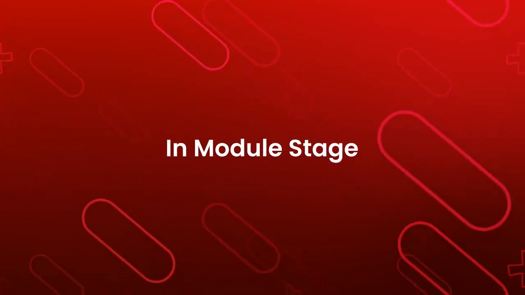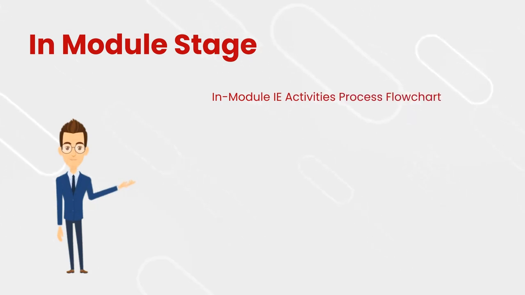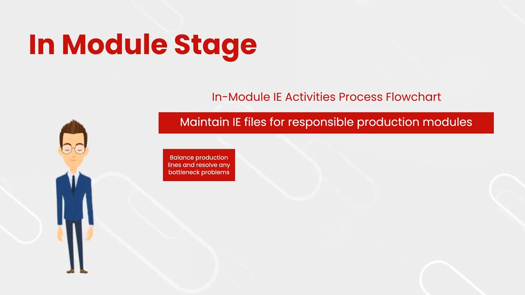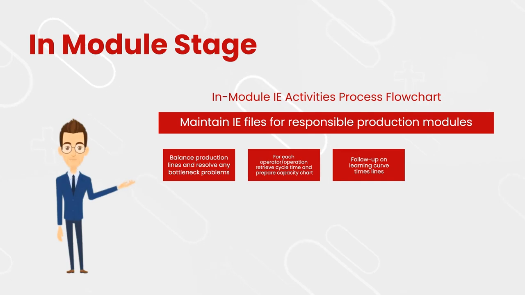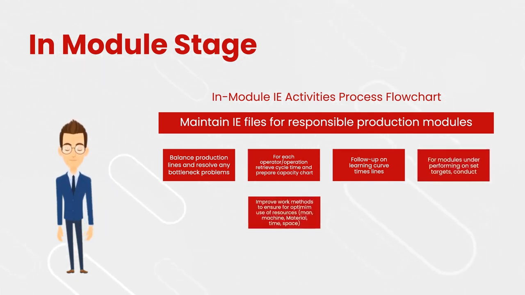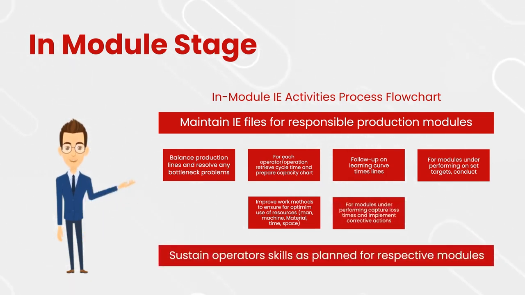In module stage. This stage is very important as you are required to make use of your critical skills in arranging workstation workplace layout to add value, retrieving cycle time to generate capacity chart for each operator and following up on learning curve for new styles, perfectly balancing the assembly line to yield optimum flow, and conducting production studies to set production targets for operators whilst ensuring optimum use of resources and maintaining databases and files for IE activities and human resources in the production modules.